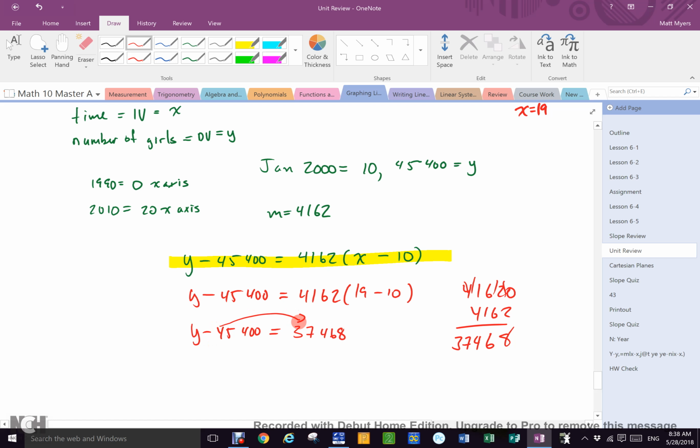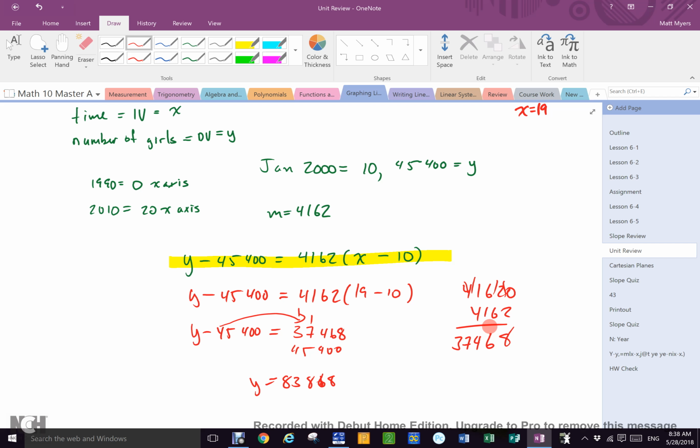I add the 45,400. $83,868, if I did that right, but I did that very quickly. I don't care about the numbers because the method is the same. It's just as easy for you to have hit a button wrong on your calculator and believed your calculator.